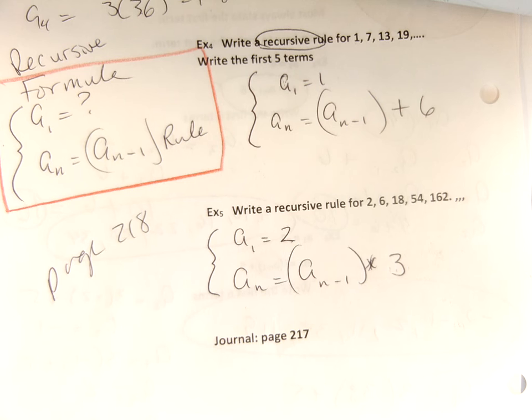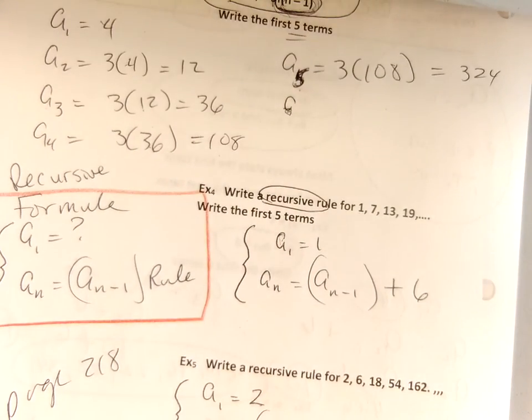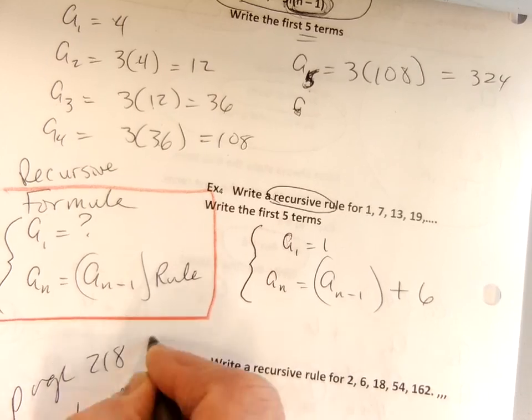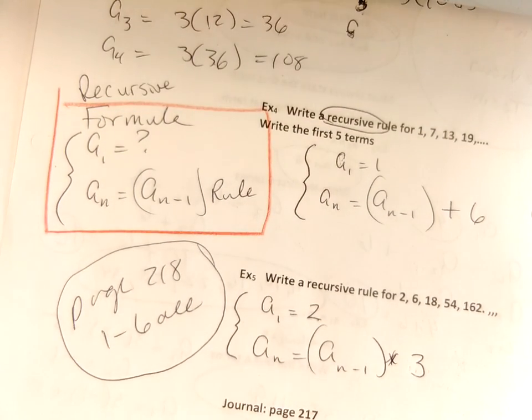Give me a second. 218, there it is. Let's just do 1 through 6 all, okay? Not very many. You'll get it done in no time. It'll be really fast. And then you can start working on your test. We got lots of time today, don't we? Okay, just 6 problems. Don't be so lazy.